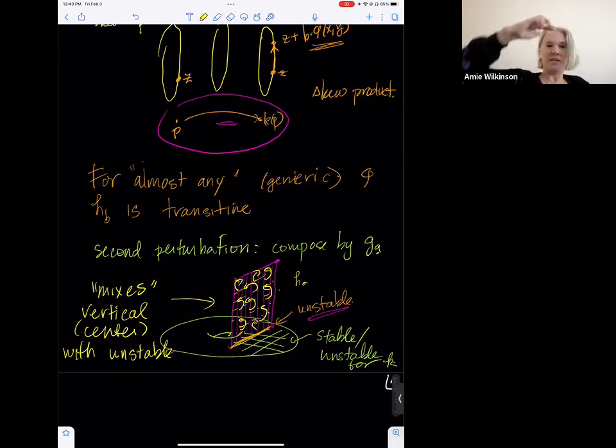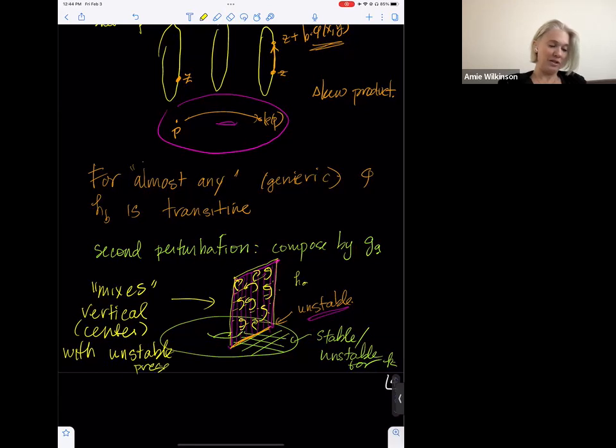And so what I do is I take my initial map, which is just apply A and do a little bit of a rotation, and then I compose with this G, and what this G does is it preserves these, what I call center unstable slices.